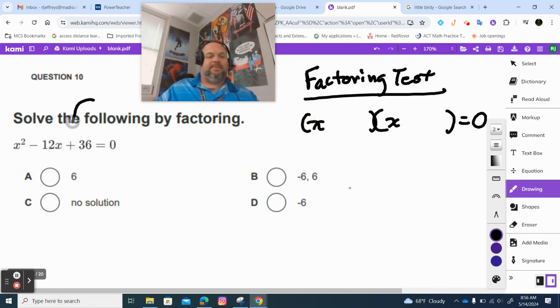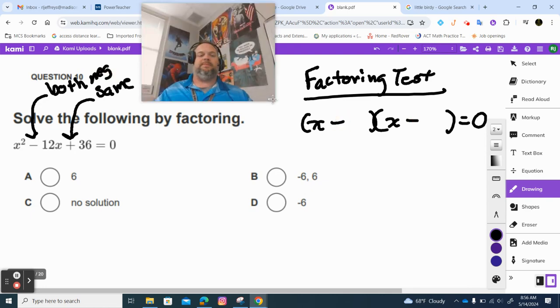Now, this right here tells us our signs are the same. This tells us that these are both negative. What are the factors of 36, what two numbers when we multiply, we get 36, but when we combine them, we get 12?